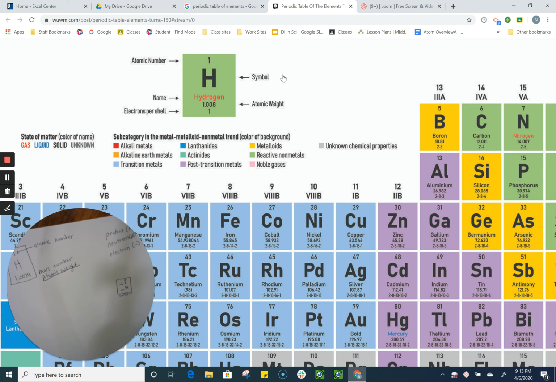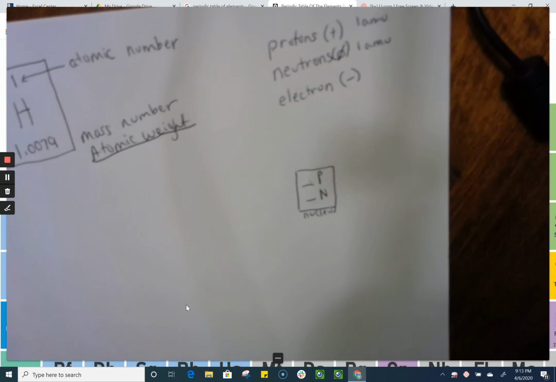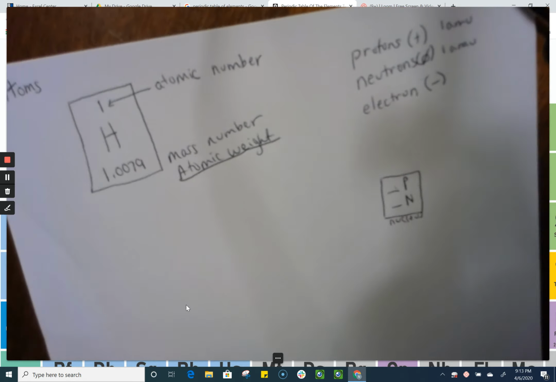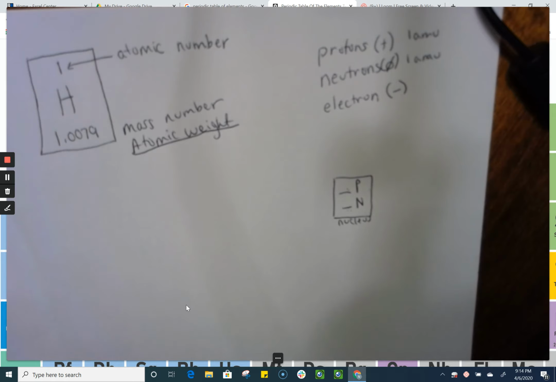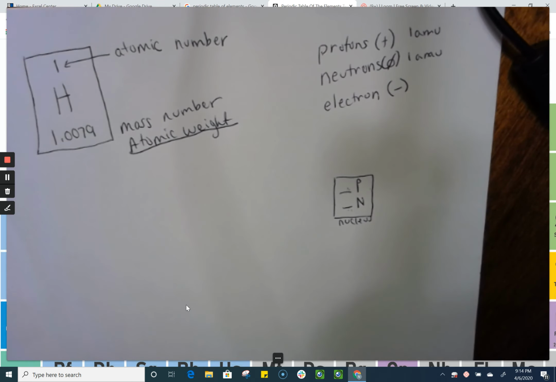So this atomic number, let me give you a chance to look at that. I had that kind of small. So protons, positive, 1 AMU. I'm going to see if this will focus in and out a little better, maybe. Get a little sharper. Neutrons, no charge. Electrons, a negative charge.